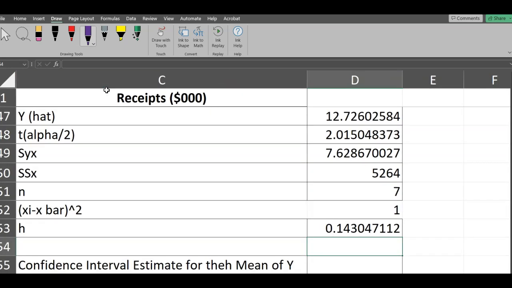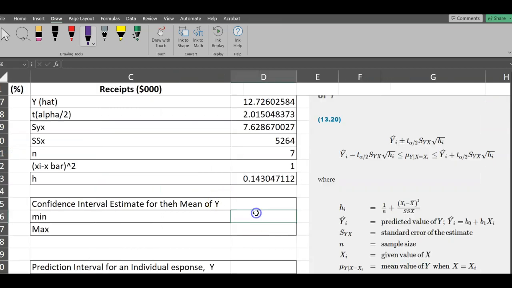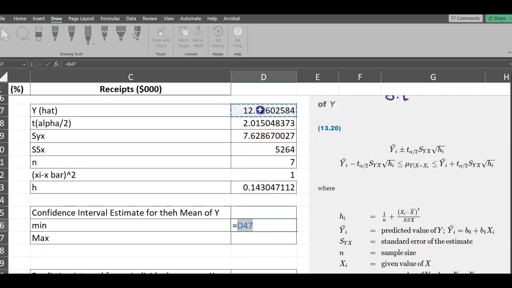All right, let's get into the formula. Let's start with the minimum value, which is going to be equal sign, the y hat, this one, and then minus the t value times the syx, this is 7.62, and times the square root, sqrt, open the parentheses, of h, and close the parentheses and enter.